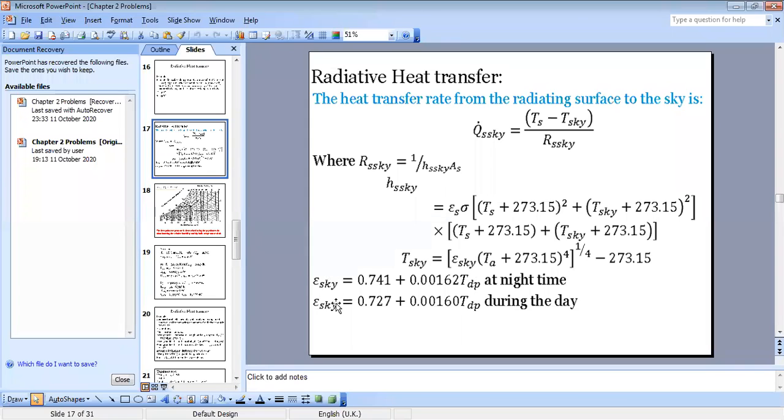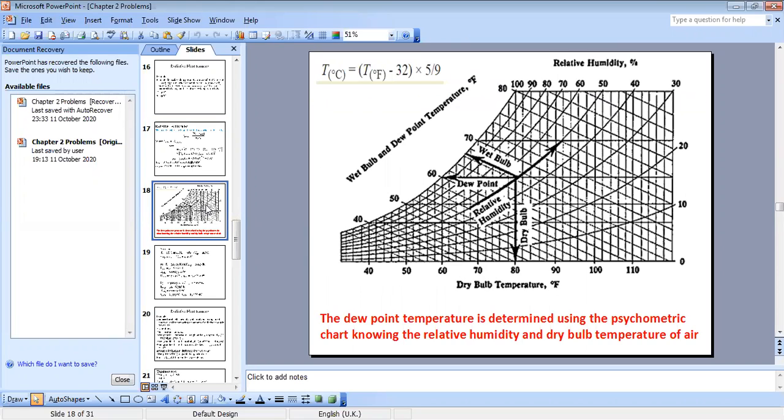So we should find epsilon sky in order to find T sky, then T sky is replaced to find H. But from the empirical relation, epsilon sky is a function of the dew point temperature. So in order to solve my problem, I should first find the dew point temperature of my ambient air condition. This is why I go to the psychrometric chart.